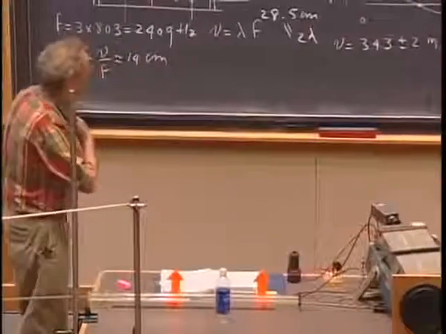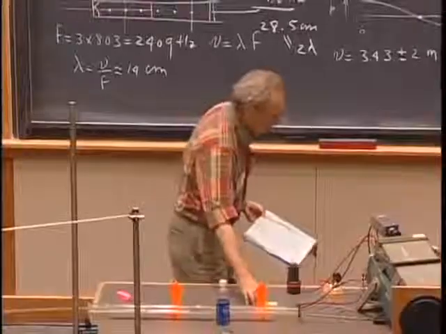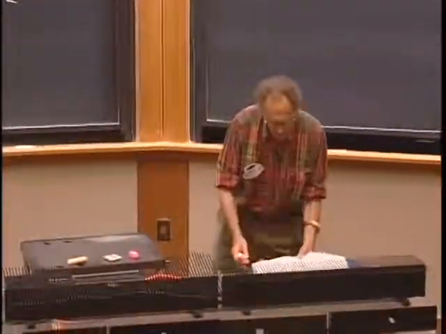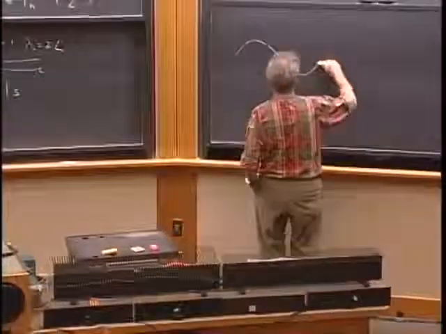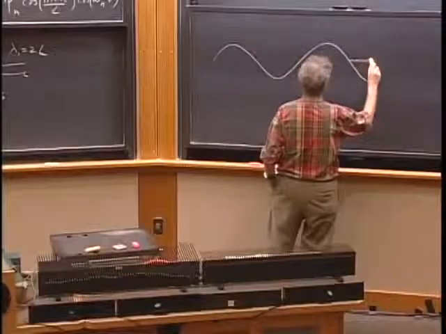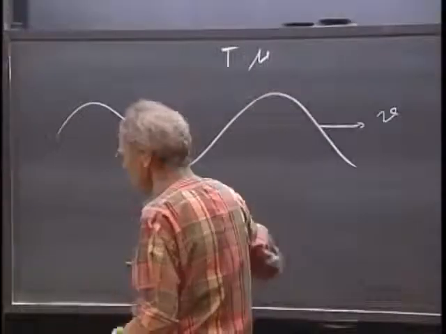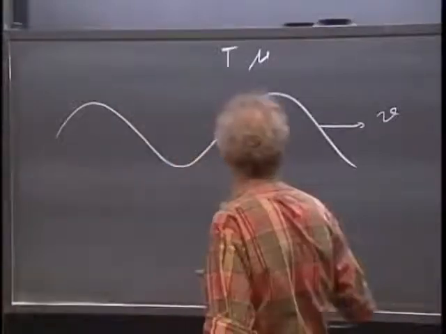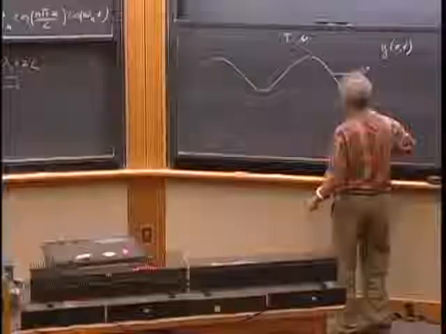There is energy in a traveling wave. If I have here a traveling wave, which is moving in this direction, has tension T, and mu is the mass per unit length, then I can write down y as a function of x and t.